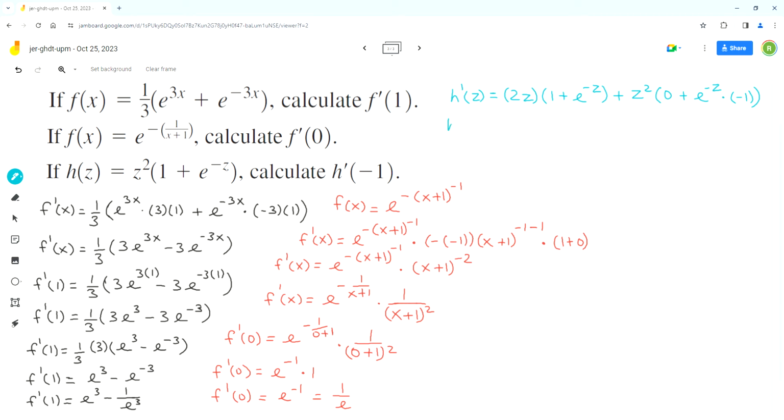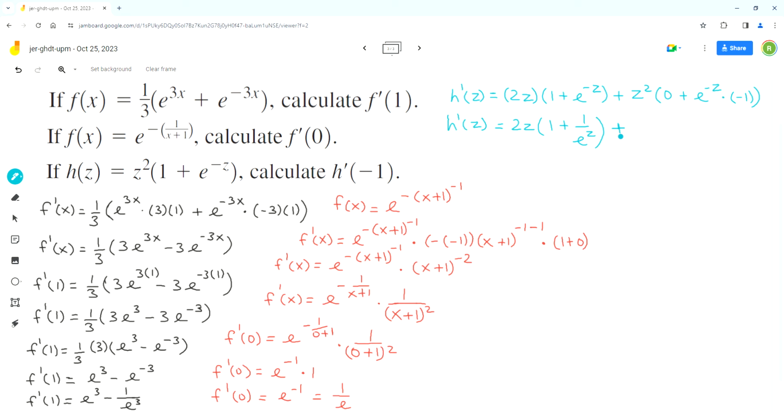Now we can simplify this expression. So in the first part, we can move the e to the power -z to the denominator to make the exponent positive. So it will be 2z times 1 plus 1 over e exponent z plus.